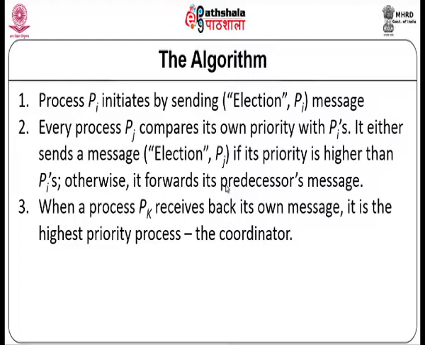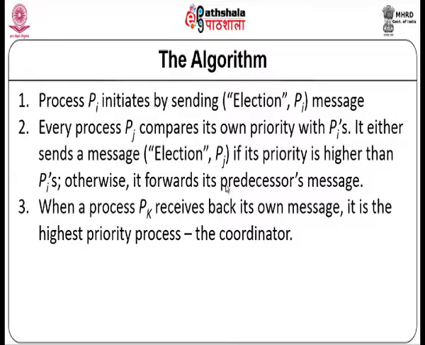So, that is the third step of the algorithm, which says when a process Pk receives back its own message, that means election comma Pk, then Pk understands that it is the highest process. Why do we say that Pk is the highest process?